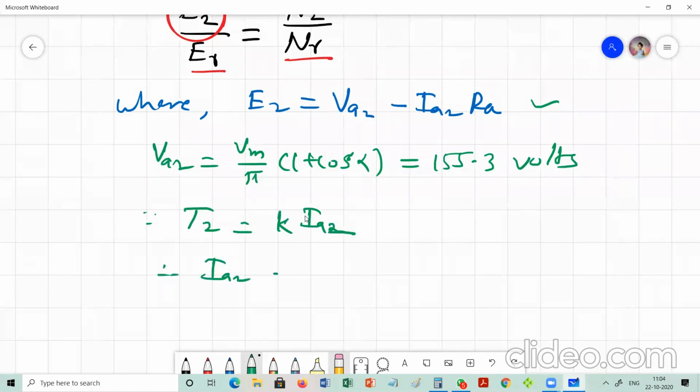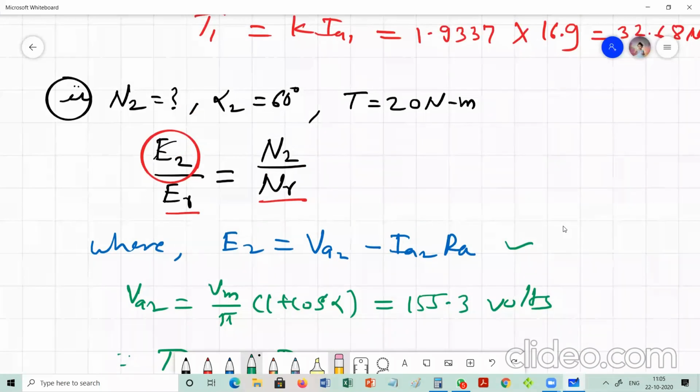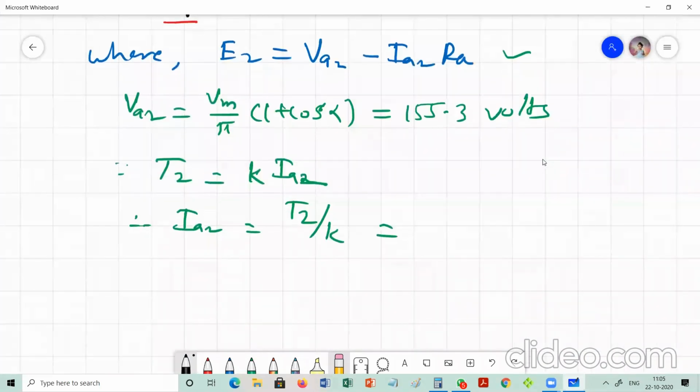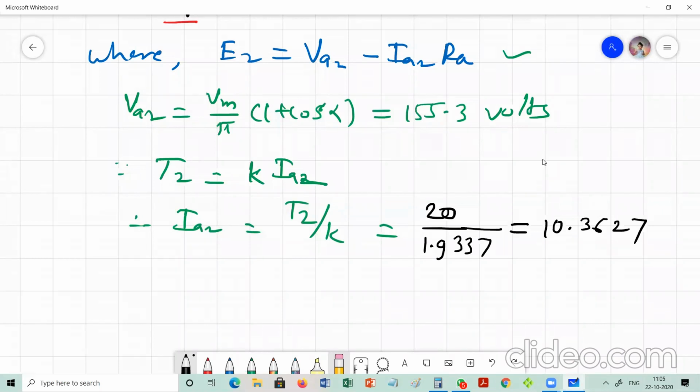Therefore IA2 is equal to T2 by K. T2 they have given, equal to 20 Newton meter, and K we have calculated already, which was equal to 1.9337. So we can get the value of IA2 equal to 10.3627. This is the value of IA2.